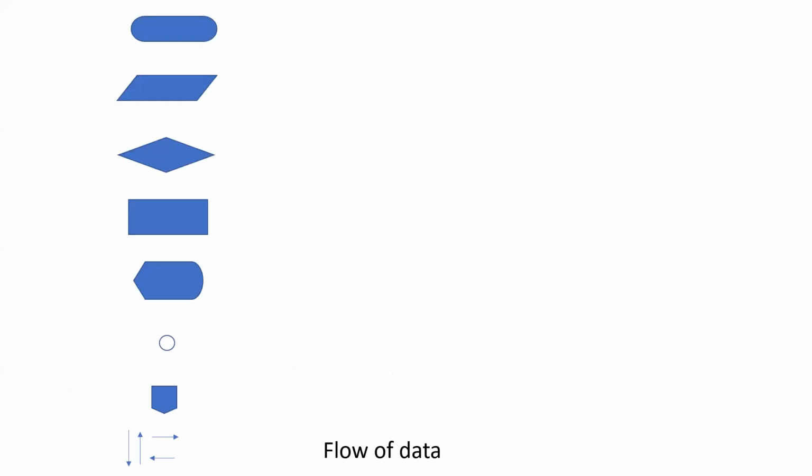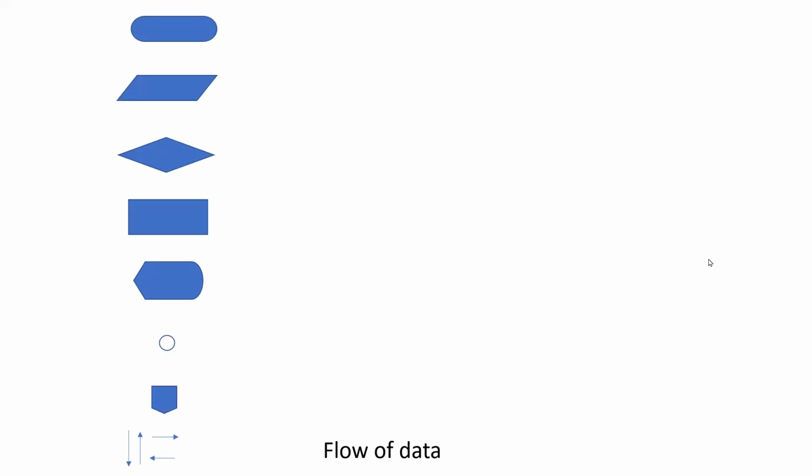In this class, when we talk about the nested if, we use the flowchart to represent the action that we have to do whenever we have to make a decision. These are the basic symbols that we use to represent the flowchart.